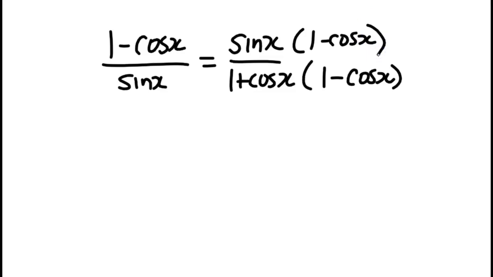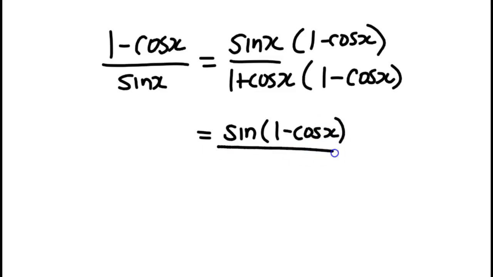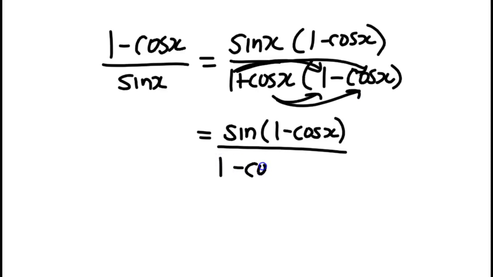Okay, so then in the top we would have sine x multiplying 1 minus cos x. And in the bottom, we would FOIL this. When we FOIL it, we get 1 times 1 is 1, 1 times minus cos x is minus cos x, then we get plus cos x, and then we get a positive cos squared x.